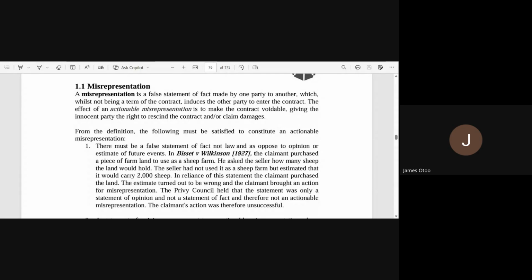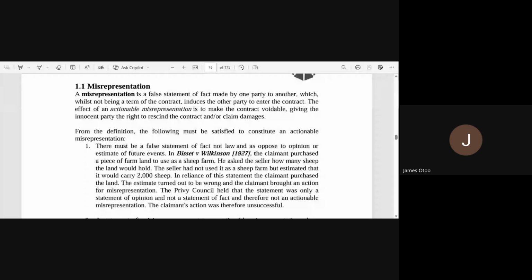Now, in Bissett v. Wilkinson, the claimant purchased a piece of land to use as a sheep farm. He asked the seller how many sheep the land would hold.